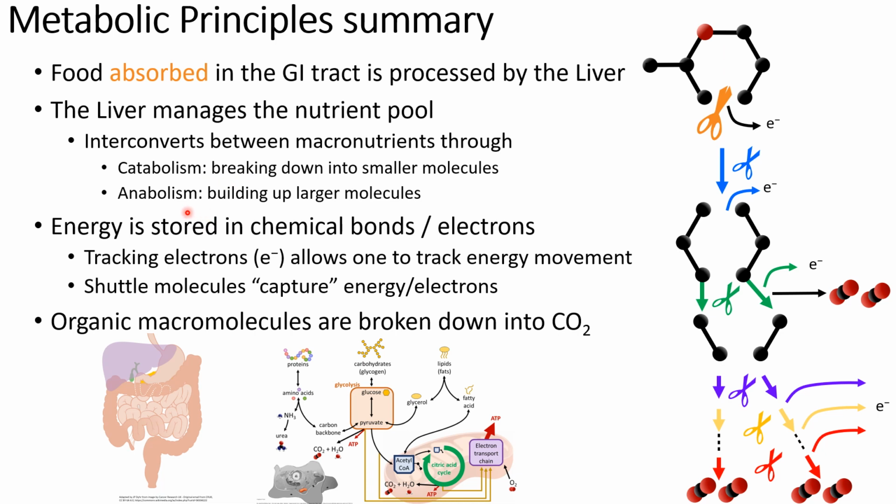Or it can also build up smaller molecules into larger molecules, which we see here in our nutrient pool, where the liver can take glucose and basically bond those glucoses together to form glycogen. It can take amino acids and build proteins, or it can build lipids of different kinds by combining glycerol along with fatty acids.